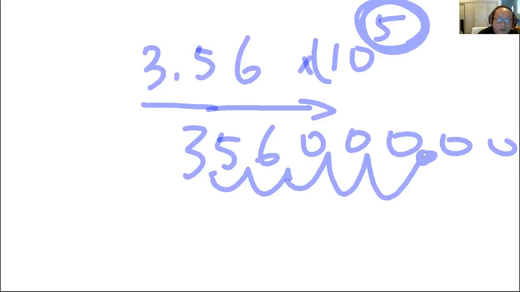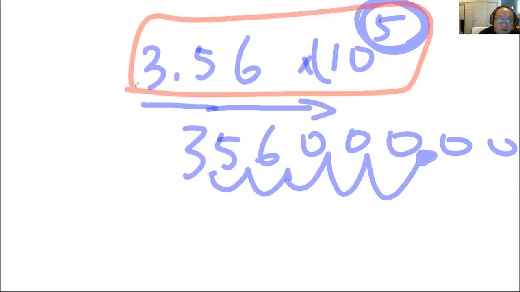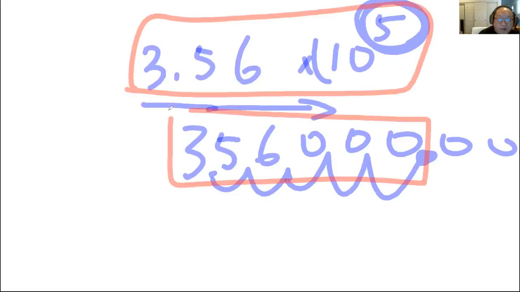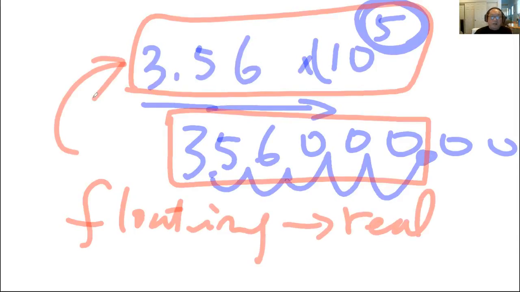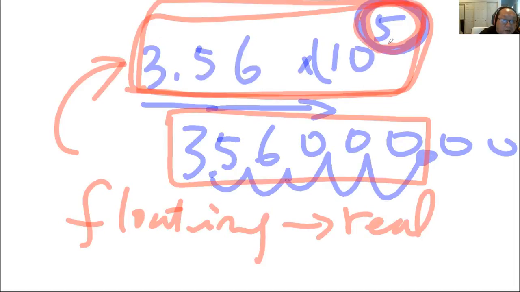That's the real number represented by this one. It actually means this number. That's why we call it a floating point number, and it actually represents a real number. It is a scientific notation like this. The number of times that you shift your decimal point is over here. We call it the exponent.